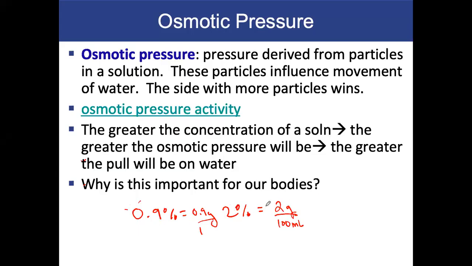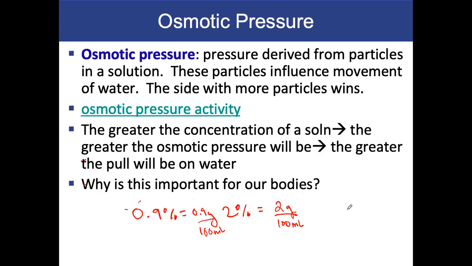To prove this to yourself, you can actually do 2% is 2 grams per 100 mL. 0.9% is 0.9 grams per 100 mL, right? And so which one has the greater unit of measurement? It's going to be this one. So the 2% has a higher osmotic pressure. The 0.9 has a lower osmotic pressure, right?